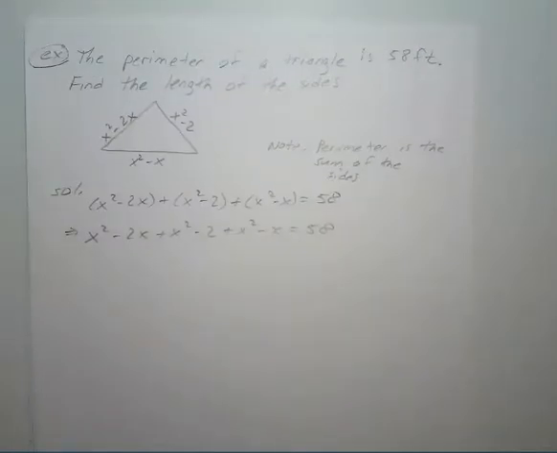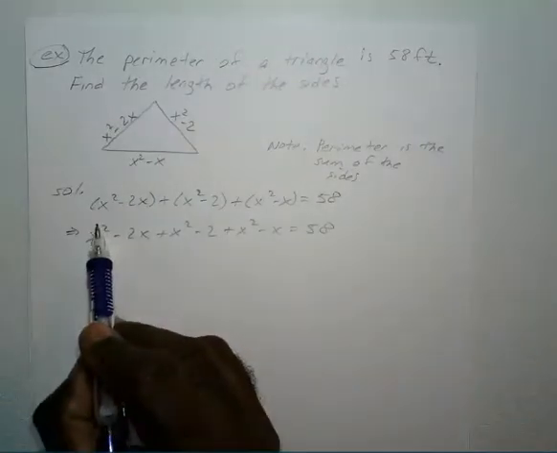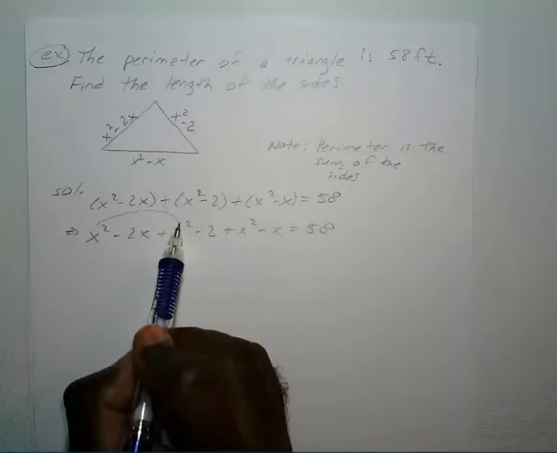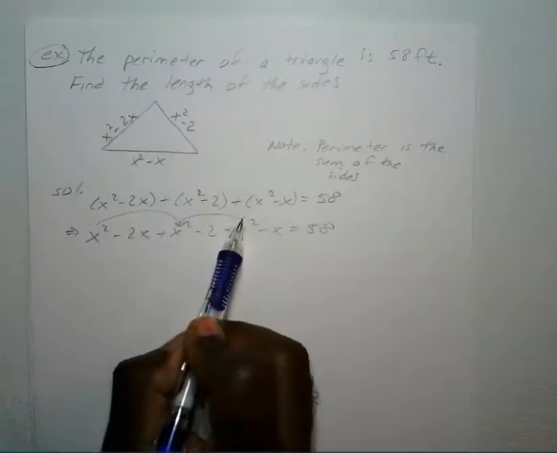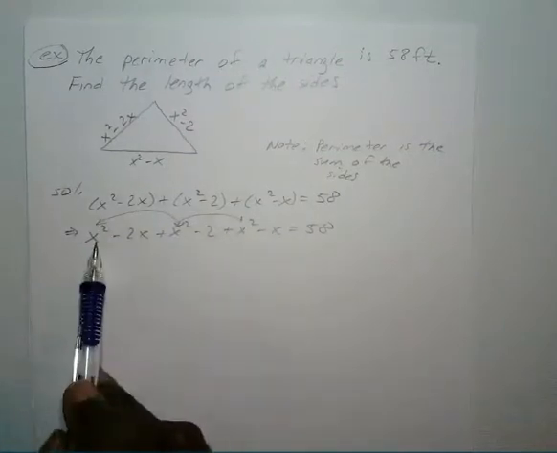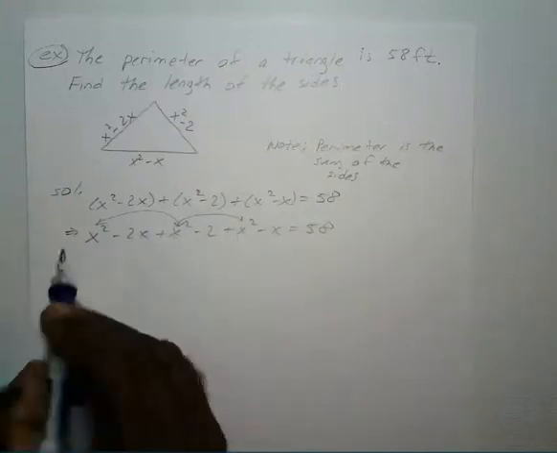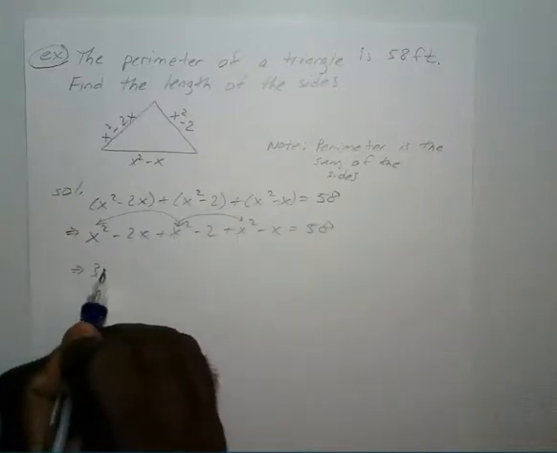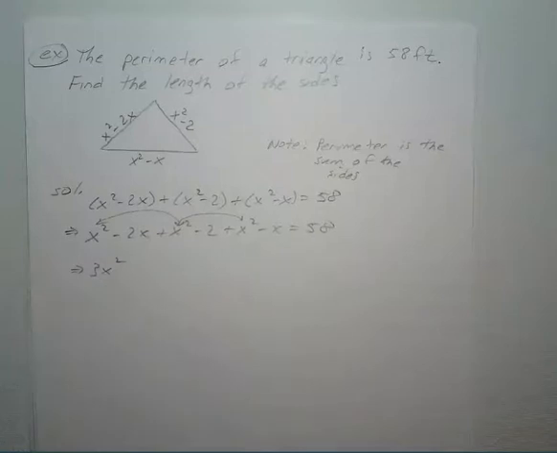Okay, now if we want to solve this and we have a bunch of terms scattered, we want to combine all of our like terms. So we can combine this x squared and that x squared. So we have x squared plus x squared plus x squared. That gives us 3x squared.